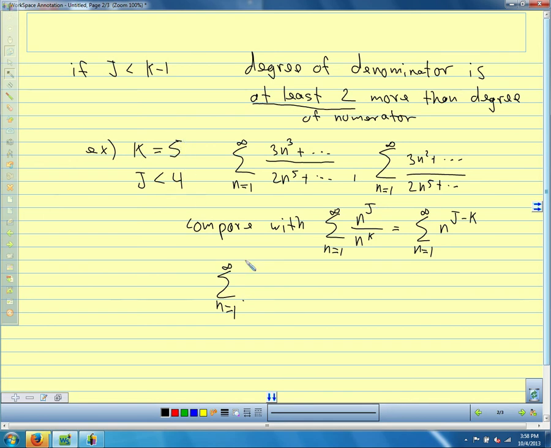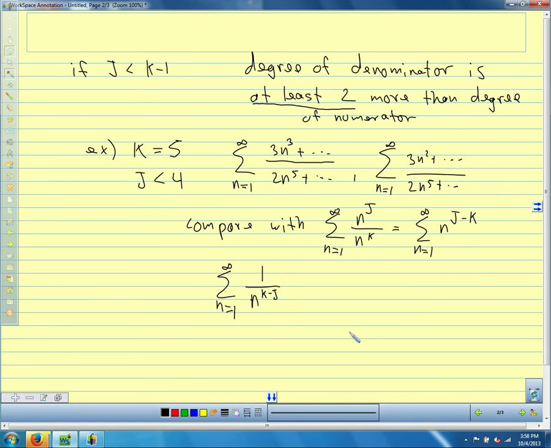j minus k is negative. So I can rewrite that as 1 over n to the k minus j. So k minus j will keep my exponent positive. So here, if k was 5 and j was 3, j minus k would be negative 2, k minus j would be 2.